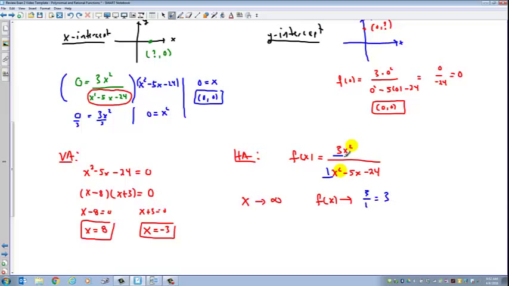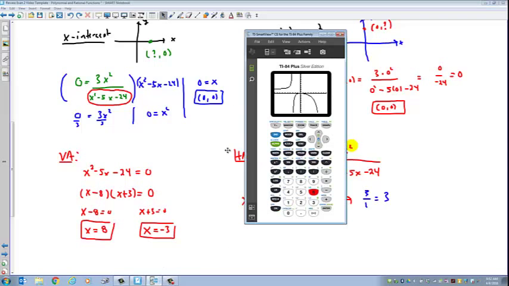So with rational functions, when you have the degree on top equal to the degree on bottom, you just look at their leading coefficients and divide them, and that's where it's going to go. And you can see that on the graph. As you go all the way to the left, it goes to height 3. To see what happens on the right, remember we had to change the window. So if you change this to like negative 50 to 50, you'll see on the right that it'll do a similar thing.